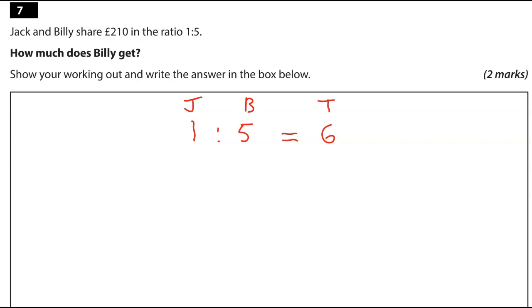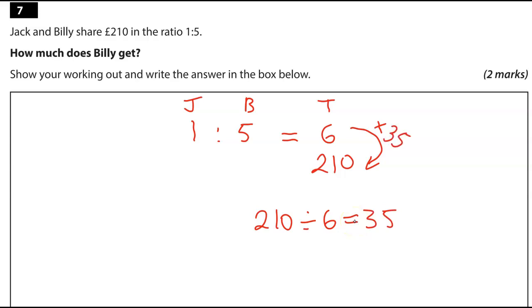So 210 will go under the total, not under Jack or under Billy. To get from 6 to 210, what have we multiplied by? So to find out, we'll do 210 divided by 6, which is 35.